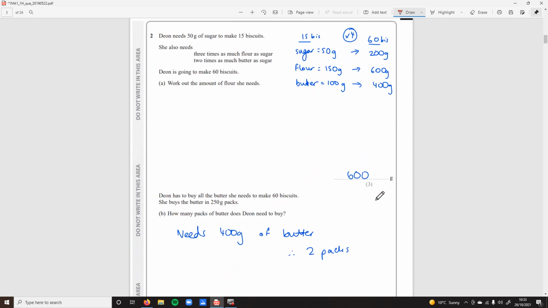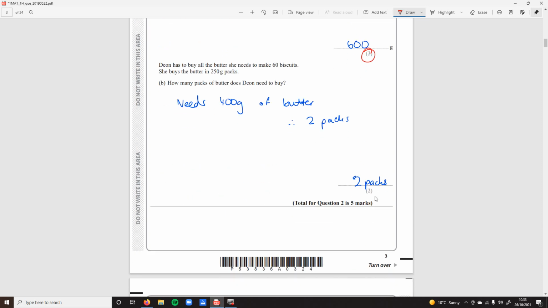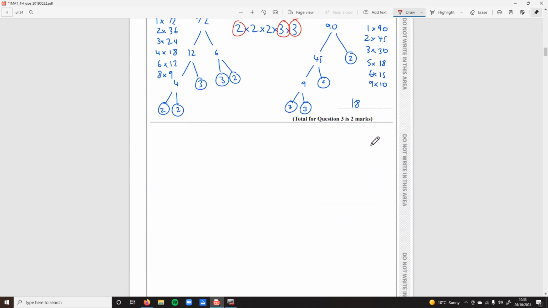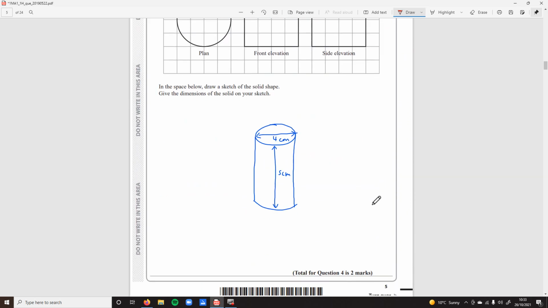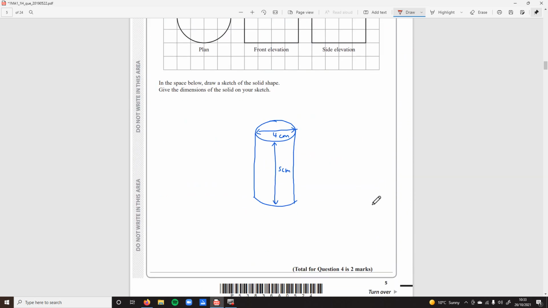Then 600 grams is correct, 3 marks. 400 grams of butter, 2 packs, 2 marks, good. Total for question 3 is 2 marks, 18, good. 2 marks, lovely. Sketch, where's the sketch? We need the sketch. Lovely.